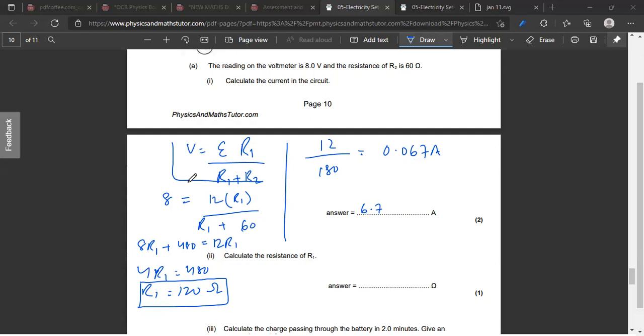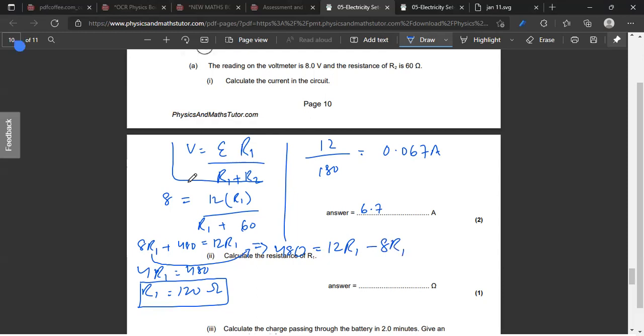How did you get 4R1 equals 480? Can you explain that? Sir, you're muted. So you take 8R1 to the right side of the equation, so 480 equals 12R1 minus 8R1.